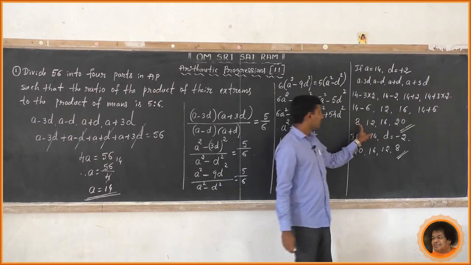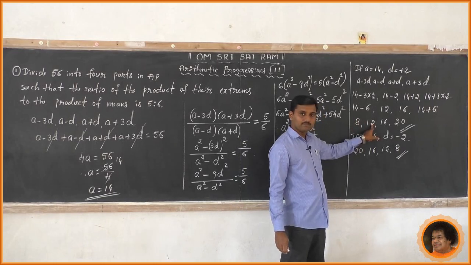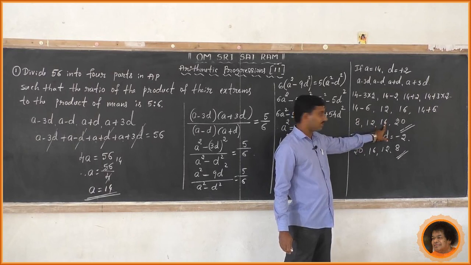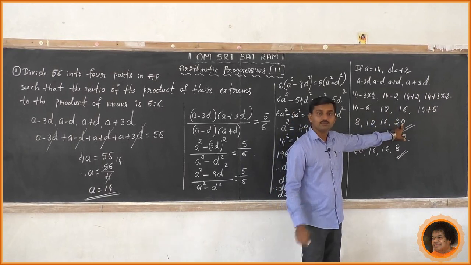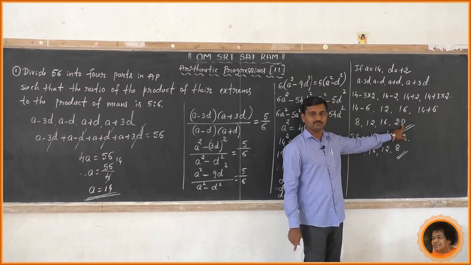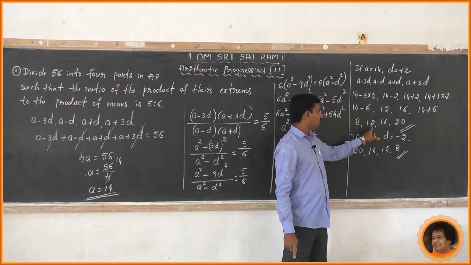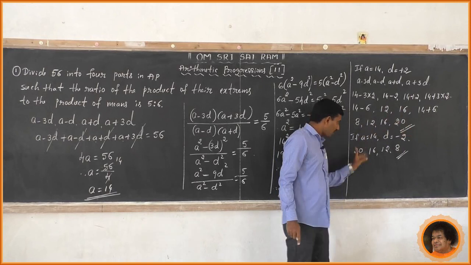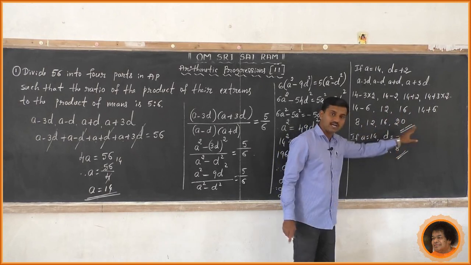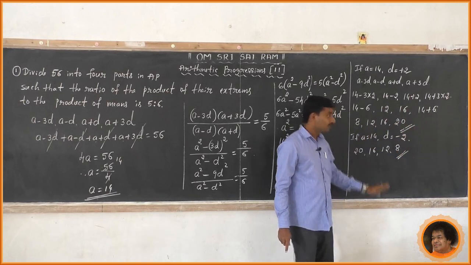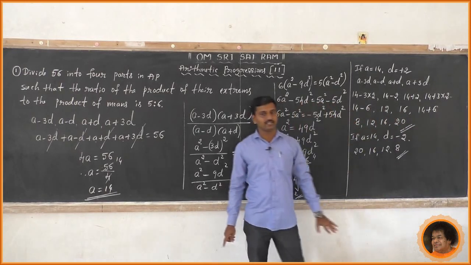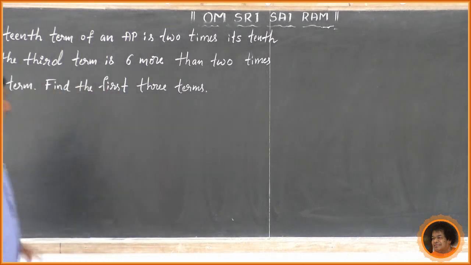Now find the sum. 8 plus 12, 20, 20 plus 16, 36. 36 plus 20, which is equal to 56. So 8, 12, 16, 20 are in AP, or 20, 16, 12, 8 are in AP, so these are the 4 parts. So I think it is clear. Let us move on to the next question.